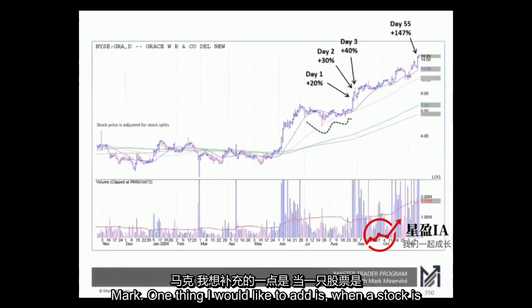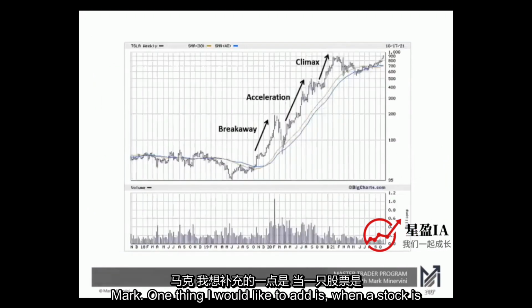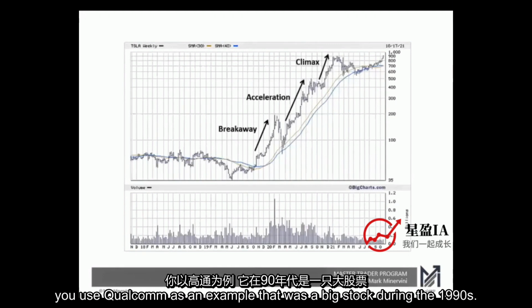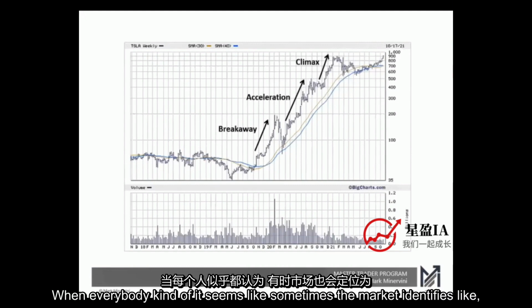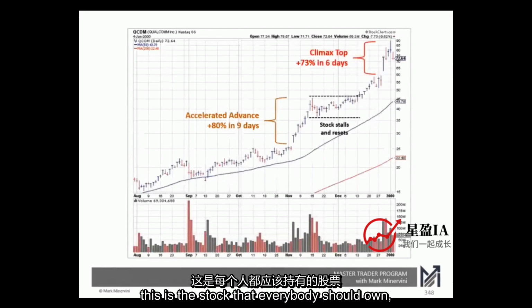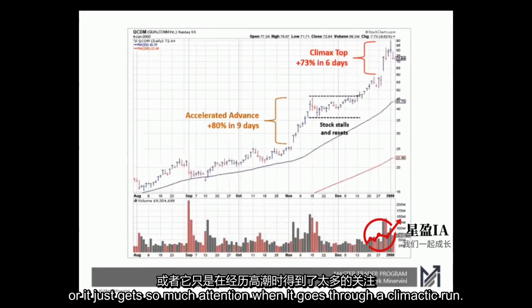Mark, one thing I would like to add is, when you use Qualcomm as an example, that was a big stock during the 1990s. Sometimes the market identifies this is the stock that everybody should own, or it just gets so much attention.